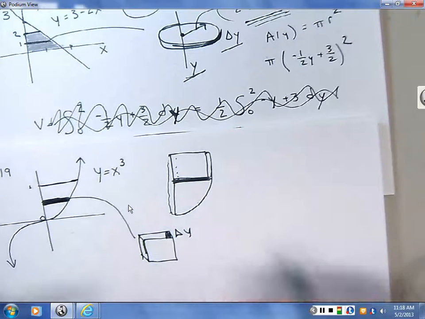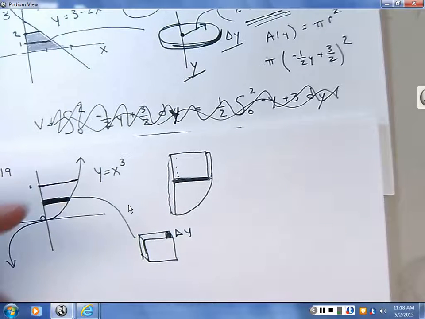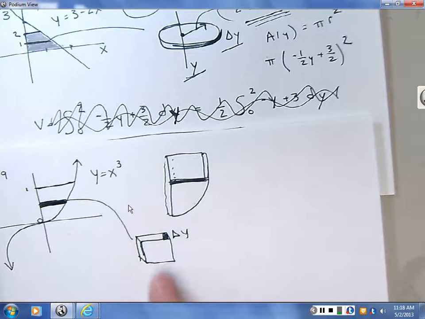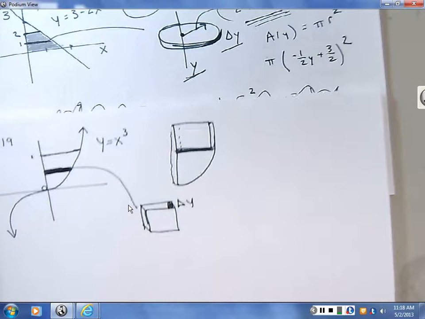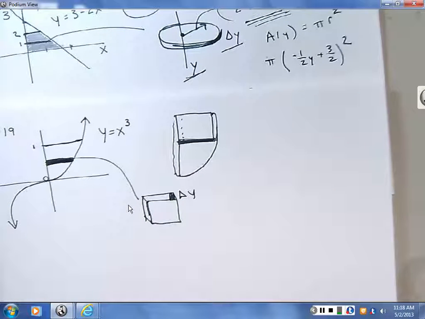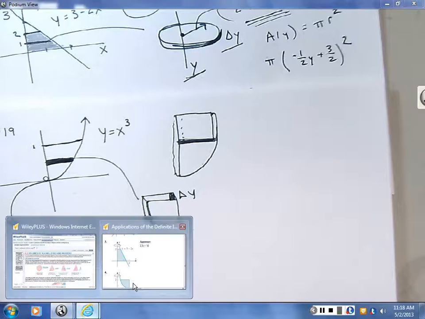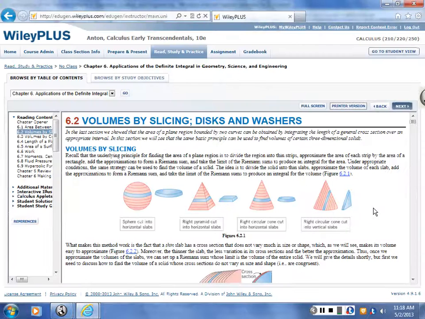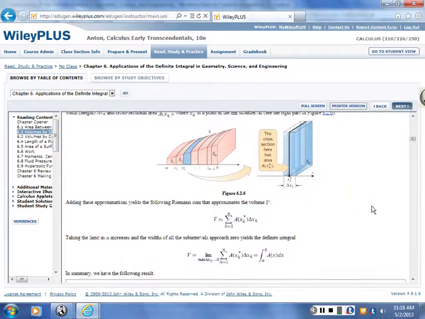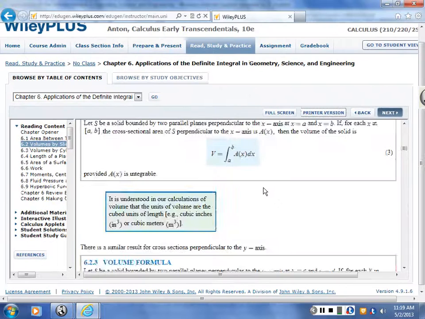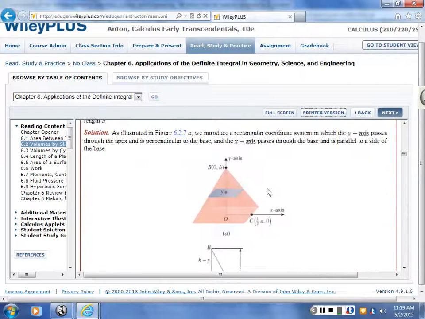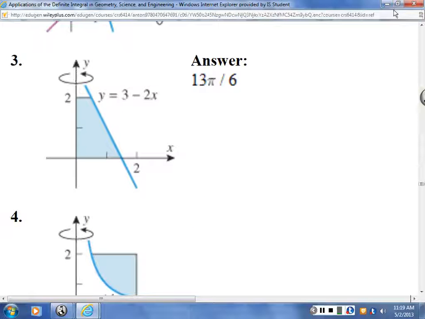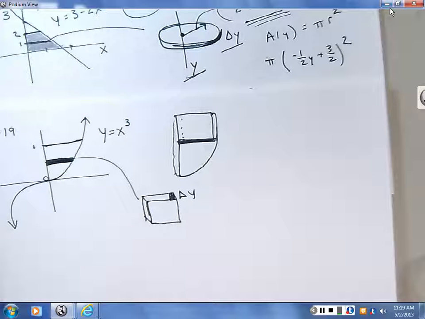If I was to pull this out and lay it flat, I would have this shape. Your book does a decent job of showing this idea of a pyramid, so you can see that the cross sections are square. So that's exactly what we're doing here, except our shape is bounded by this curve.